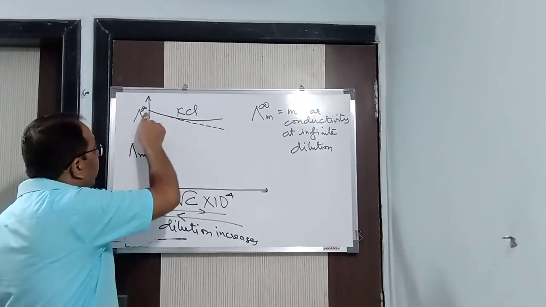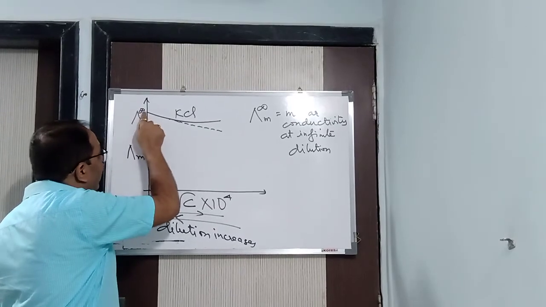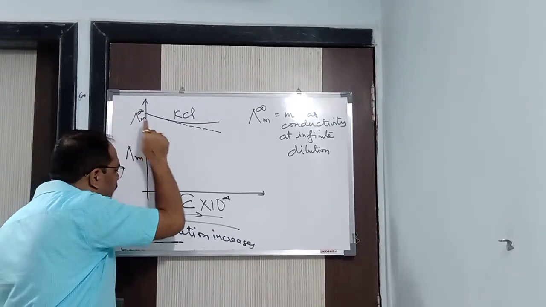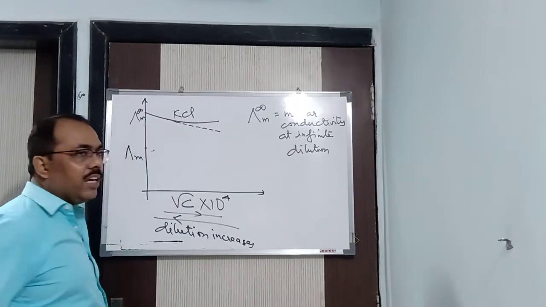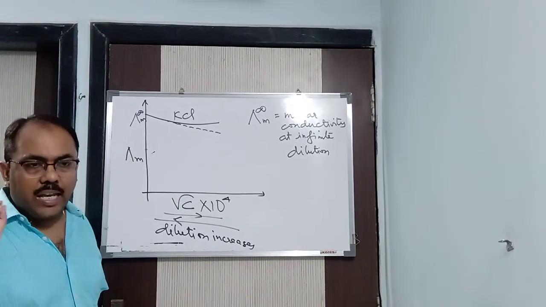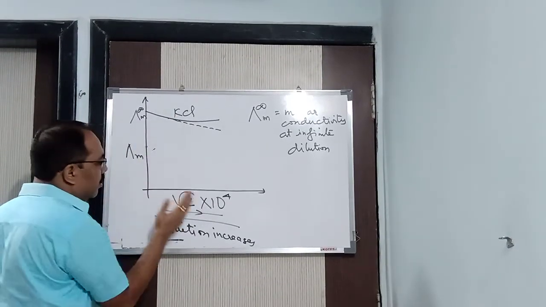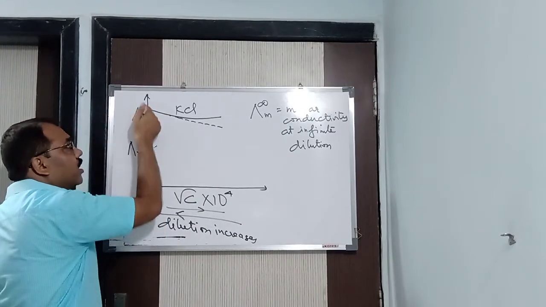So, this point I am theoretically considering as the molar conductivity at infinite dilution, because in a graph I cannot extrapolate further. Theoretically I cannot go further because the graph ends here.